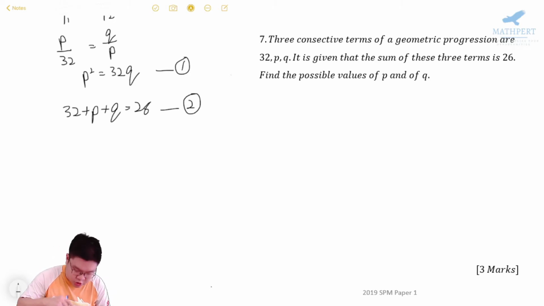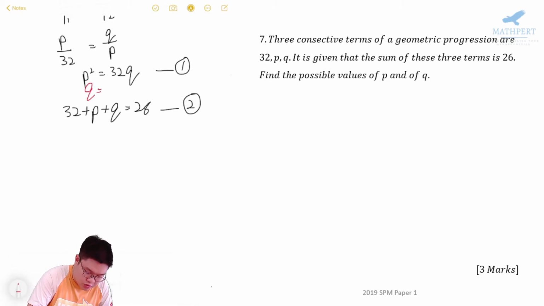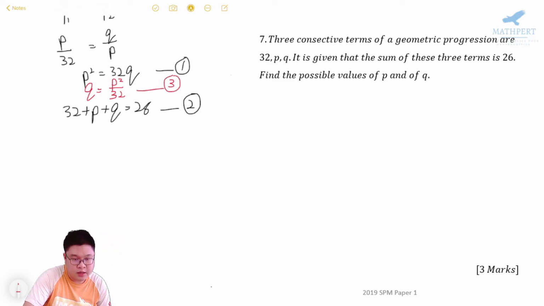Before we solve simultaneously, let's modify the equation a bit because we want to substitute one equation into equation number 2. So equation number 1 can be Q equals P squared over 32. We make Q the subject. So let's say this is equation number 3.